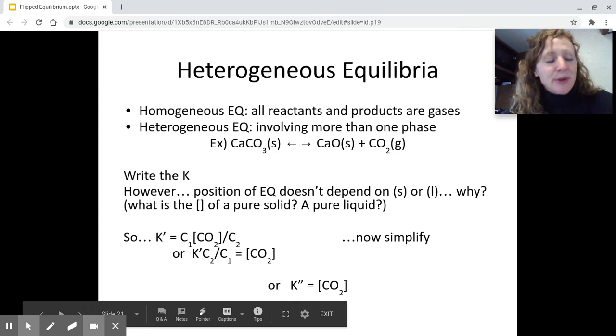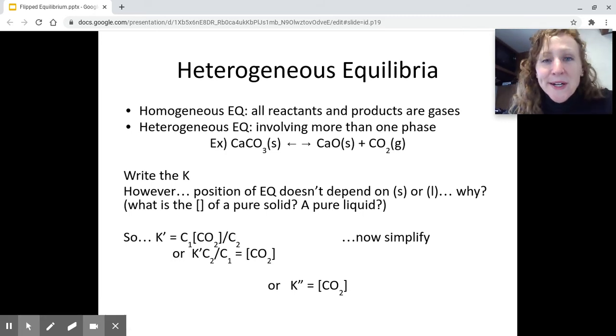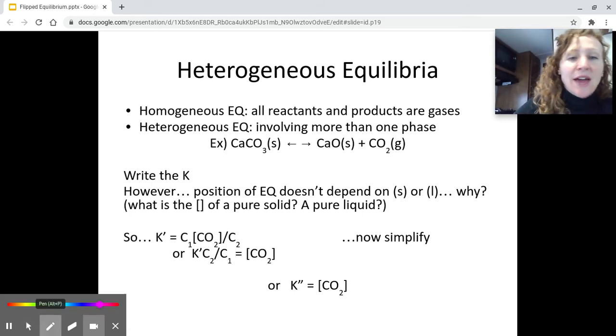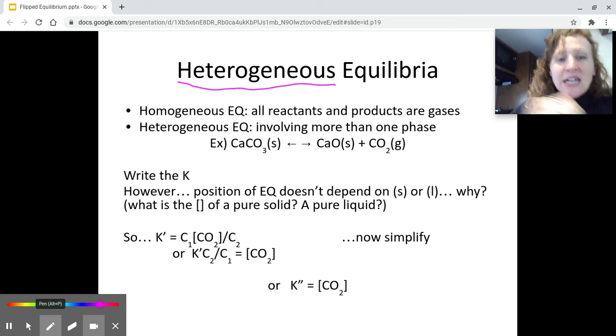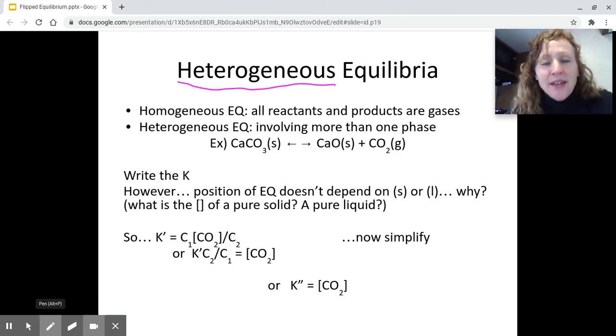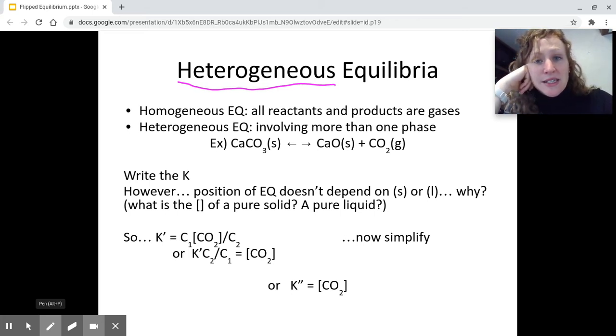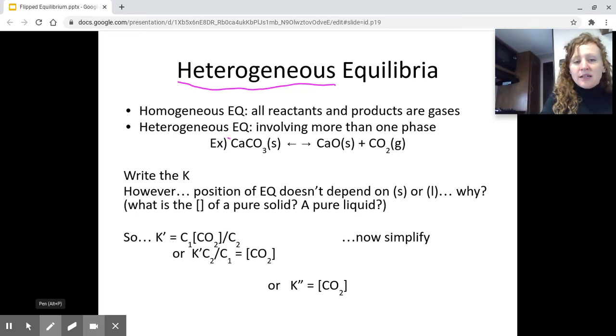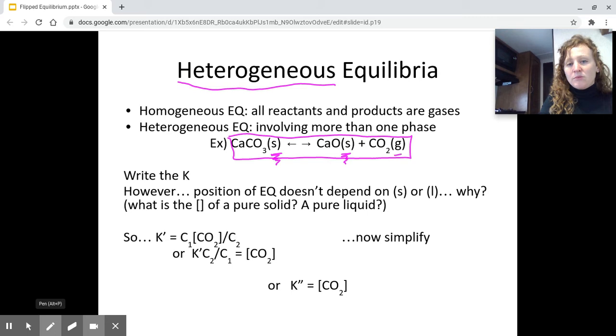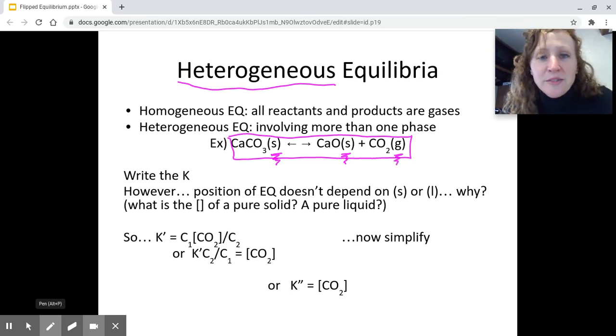Heterogeneous equilibria. So big words, let's break that down. Heterogeneous means not the same, right? Something that's hetero means you have different parts. Well, that's what's happening in this equilibria expression as well. Notice, here's our example reaction of a heterogeneous equilibria, and the thing that's different between the reactants and the products is the phases.